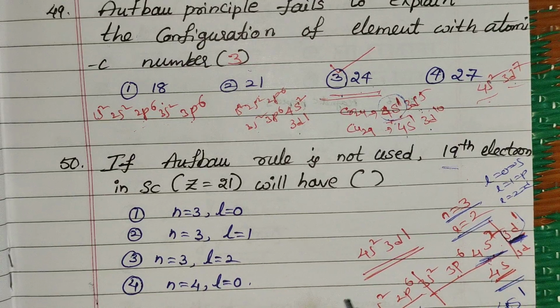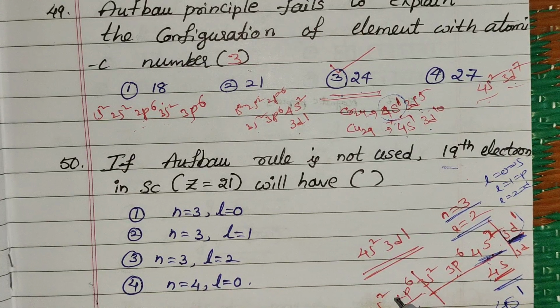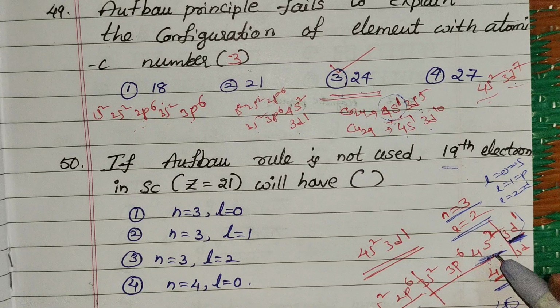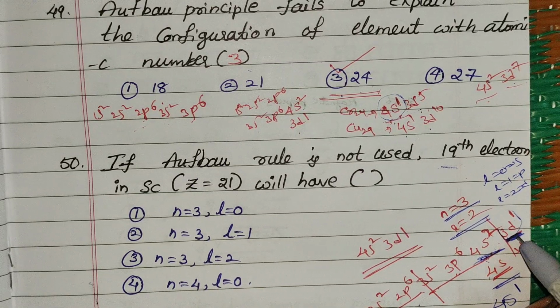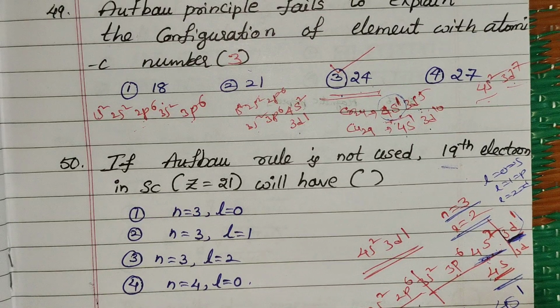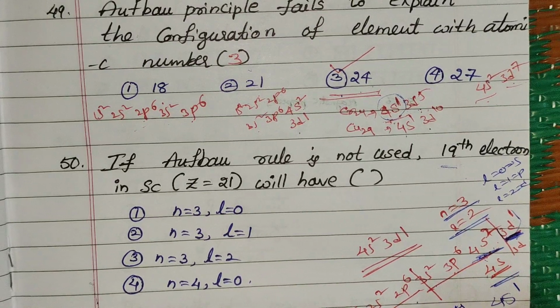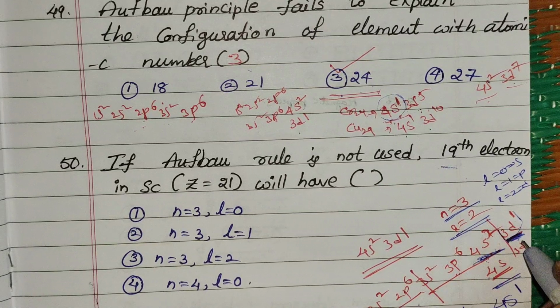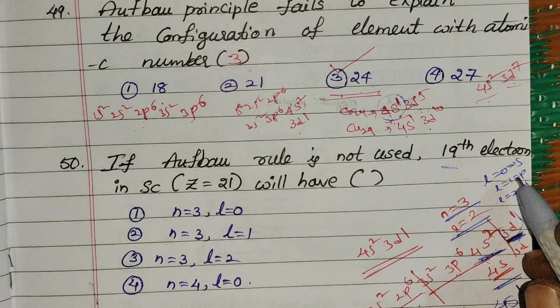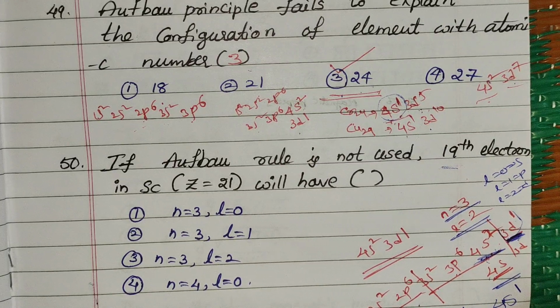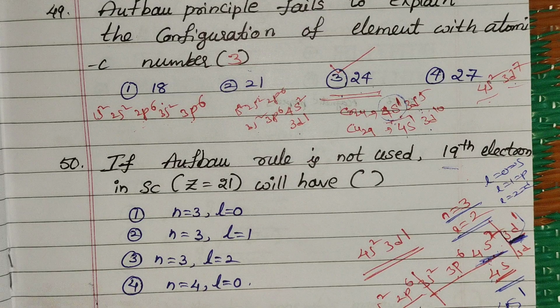If the Aufbau rule is not followed, generally if it follows as it is, 4s2 3d1 will come, the n value may be 4, but finally the 3d is right, n equals 3, l equals 2 will come. So the 19th electron is somewhat different, that is why our answer is 3.